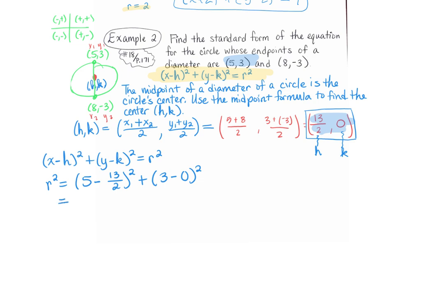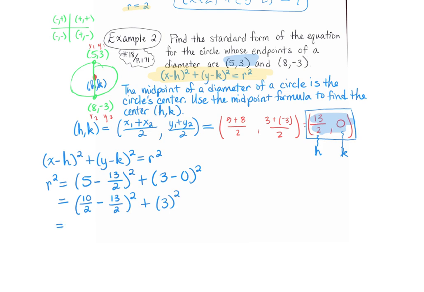So 5 we need to think of as something over 2. 10 over 2, good. So this is really the quantity 10 over 2 minus 13 over 2, squared, plus 3 squared.